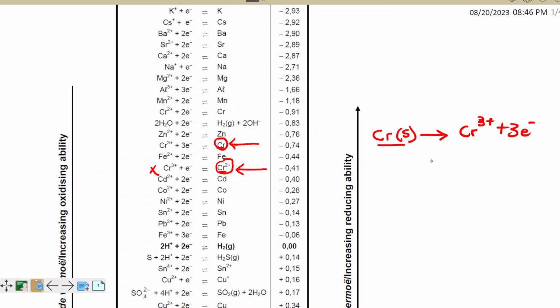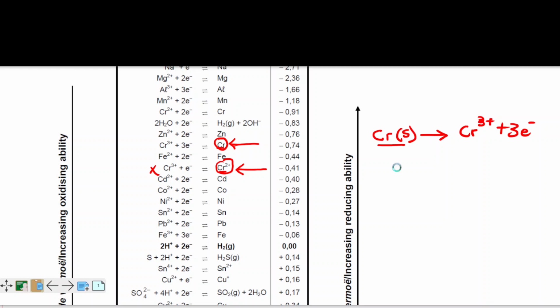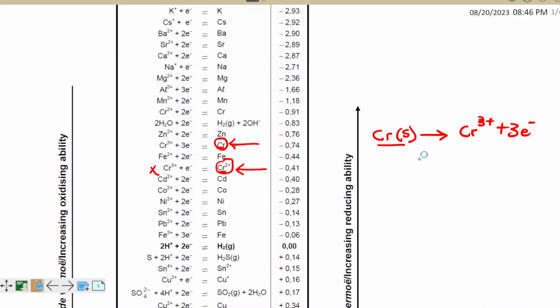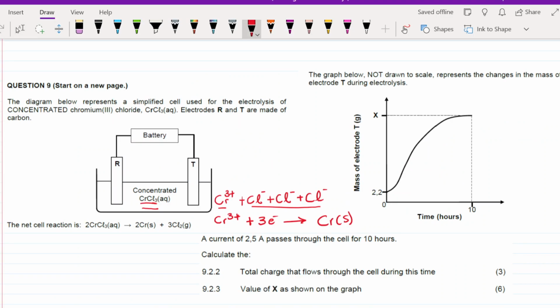The ratio here is 1:3. The ratio between the chromium and the electron is 1:3, as you can see. This is the first thing that you need to identify before you answer these questions: the ratio. Then let's go back now to the question.